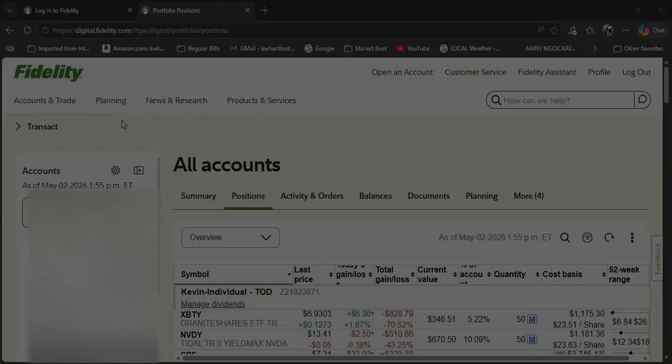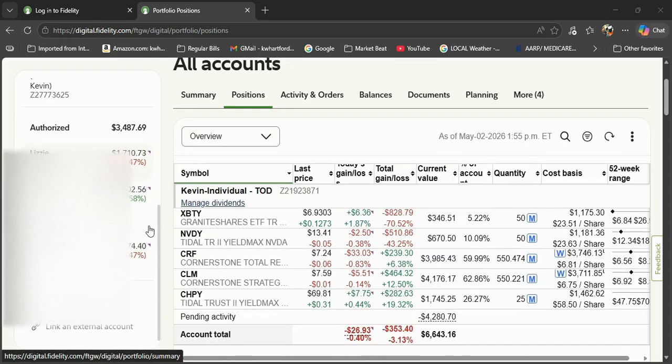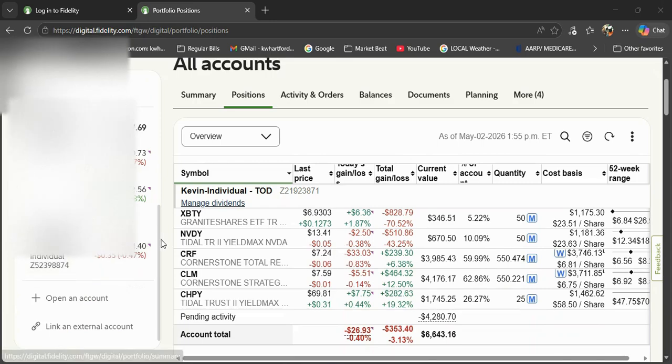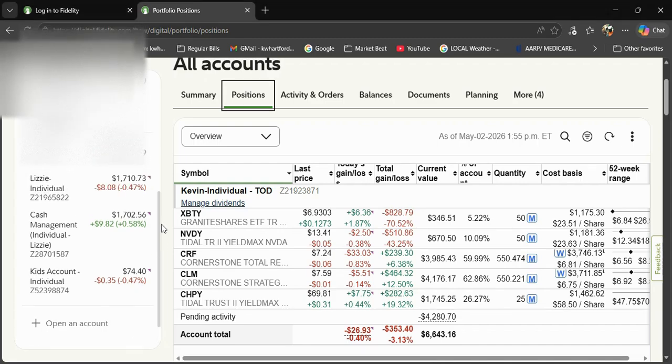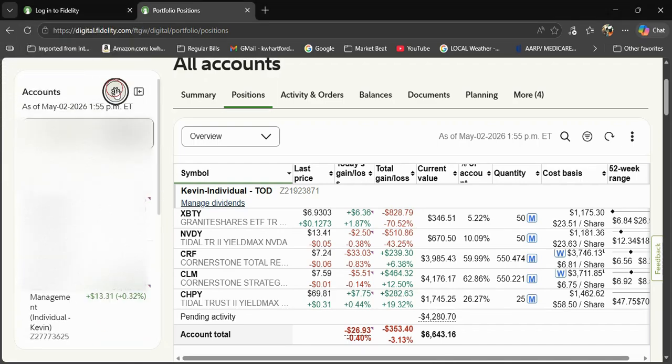Okay, now we're back on my account, and one thing you want to do is look down below here. I have a kids account here. That's where Cosmo's $75 is, and 10 shares of Cornerstone. But we want to make it a little bit more personalized.